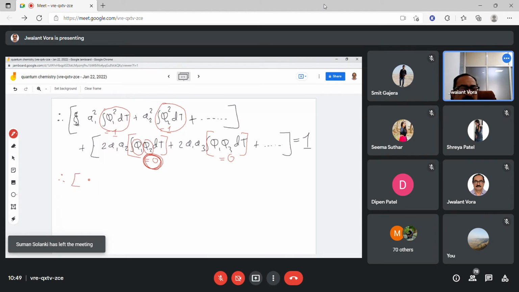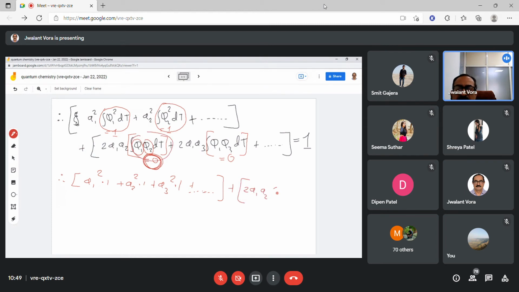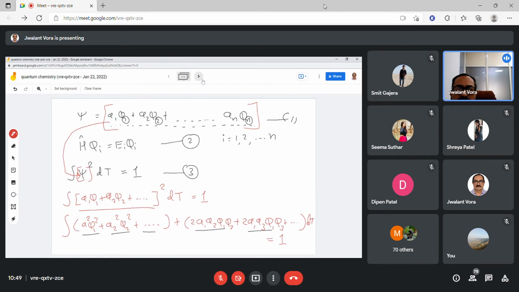So therefore, a1 square into 1 plus a2 square into 1 plus a3 square into 1 plus and so on, plus આ બધા 0 છે. twice a1 a2 into 0, બધાના into 0 આવશે. So this part will vanish. So a1 square plus a2 square plus a3 square and so on is equal to 1. Let this be equation number 4.